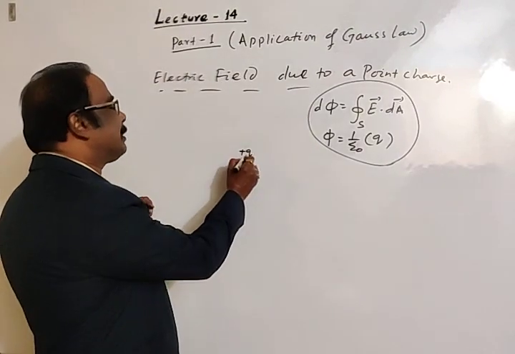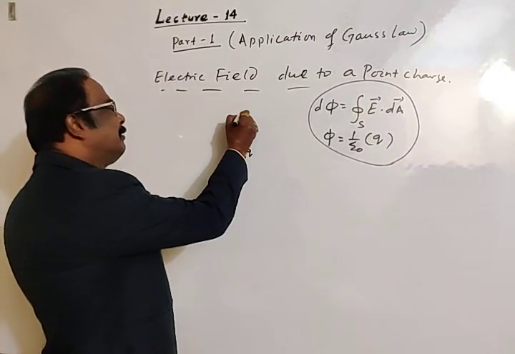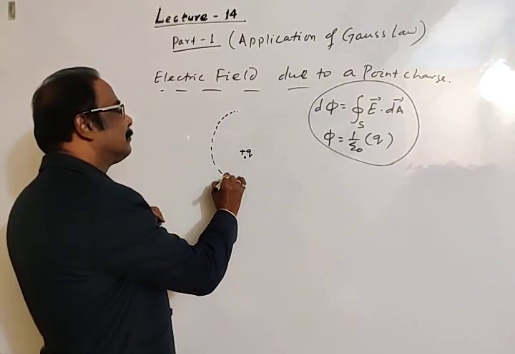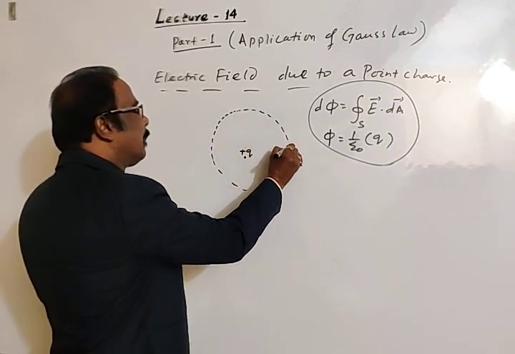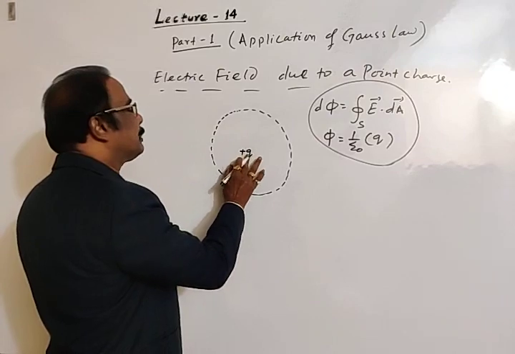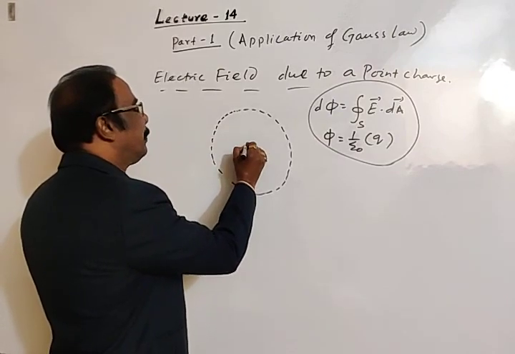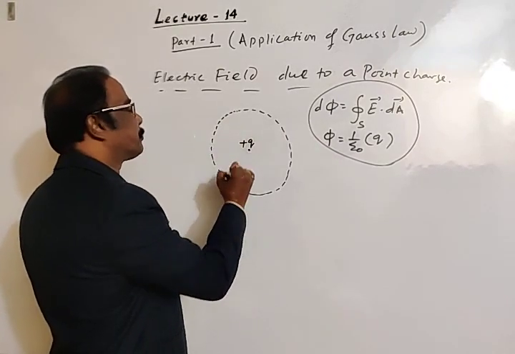So this is the point charge Q. Let's imagine a Gaussian surface all around it, means let's imagine a spherical Gaussian surface.